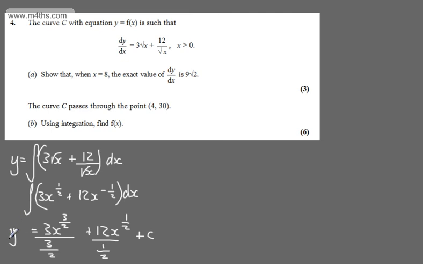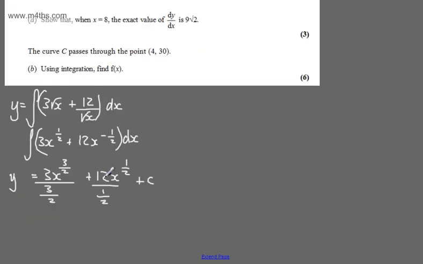So just tidying this up, y will be equal to 2x to the power of 3 over 2 plus 24x to the power of 1/2 plus c, our constant of integration.